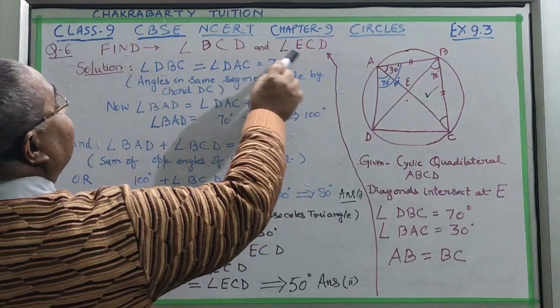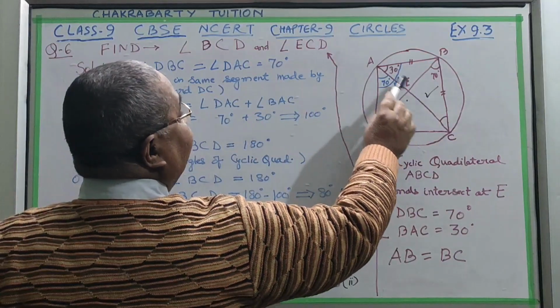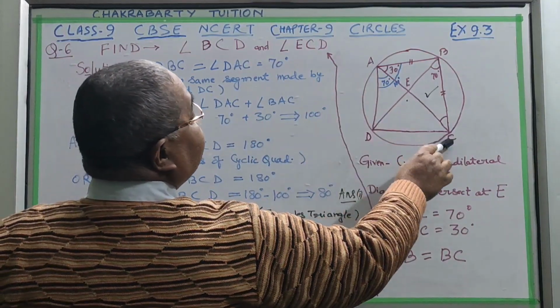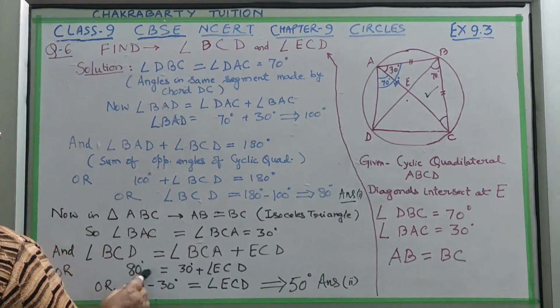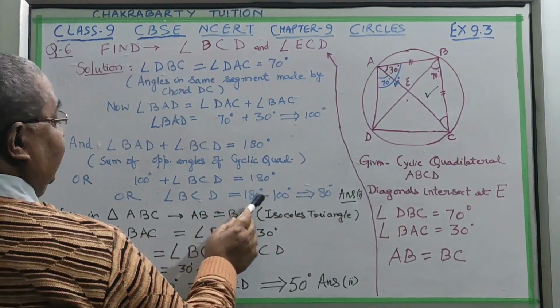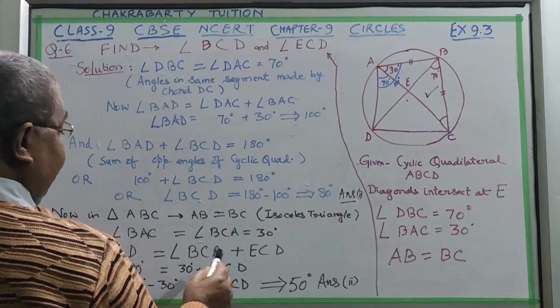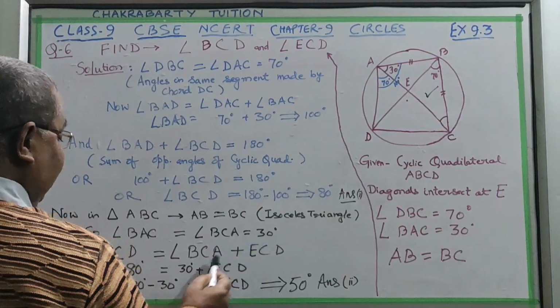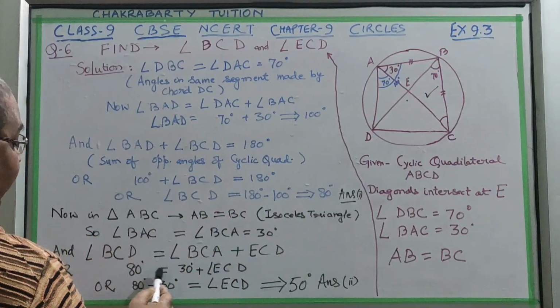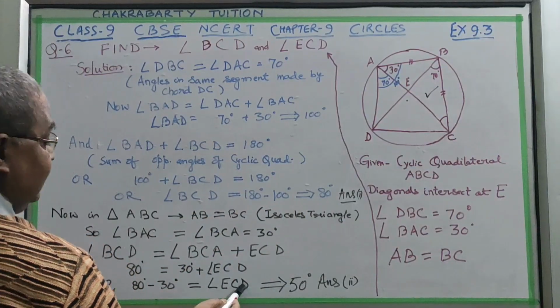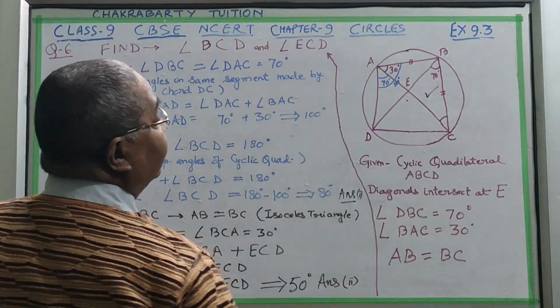We can write ECD because they are asking ECD, that's why we have taken E; otherwise we could have taken A, the name is the same. So 80, BCA is 30 degrees. We have proved BCA is 30 degrees, and BCD we have already proved 80. So 80 minus 30. How much will angle ECD remain? 50 degrees will remain.